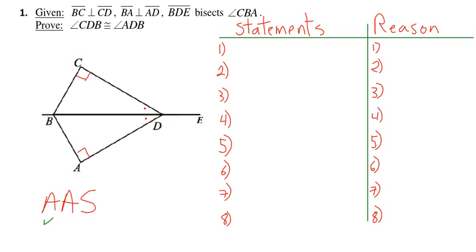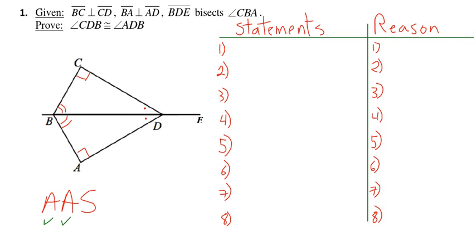So because BDE is bisecting angle CBA, we know that this angle here is congruent to this angle here. So we have another pair of congruent angles, check.